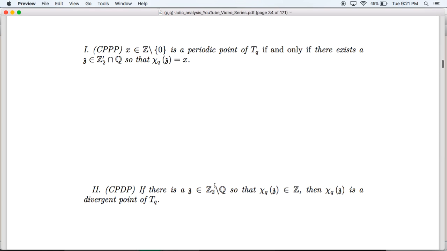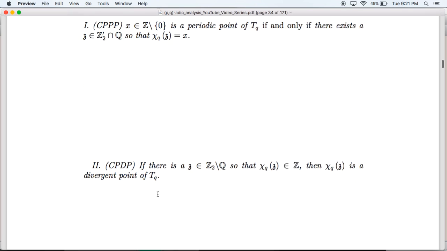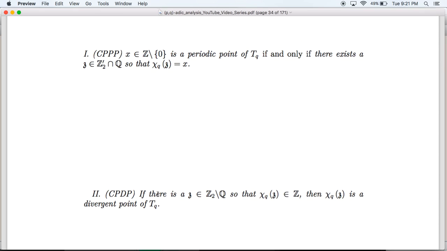And if there is an irrational 2-adic integer at which chi-Q attains a rational integer value, then chi-Q is a divergent point of TQ. So for chi-3, we should expect that this never happens, whereas for chi-Q, we should expect that this almost always happens.